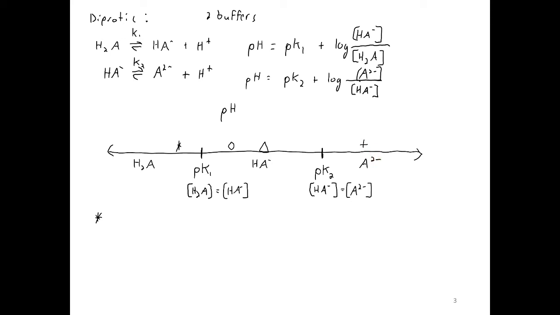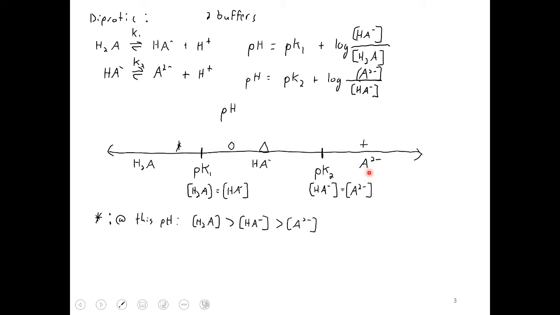And so let's write, at this pH, the acidic form concentration, H2A, is greater than the intermediate form concentration, which in turn is greater than the fully deprotonated base form's concentration.